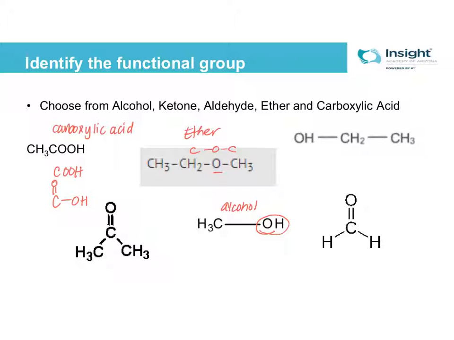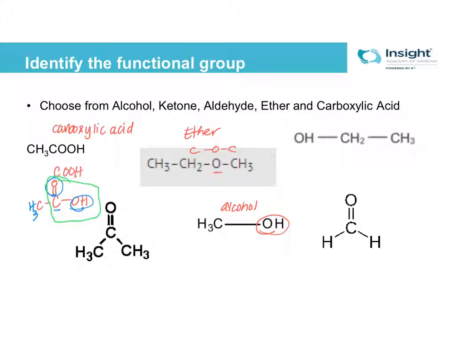So really what this chemical looks like is you've got your carbon attached to a double bonded oxygen and an alcohol group. So COOH means carboxylic acid, or this structure right there.